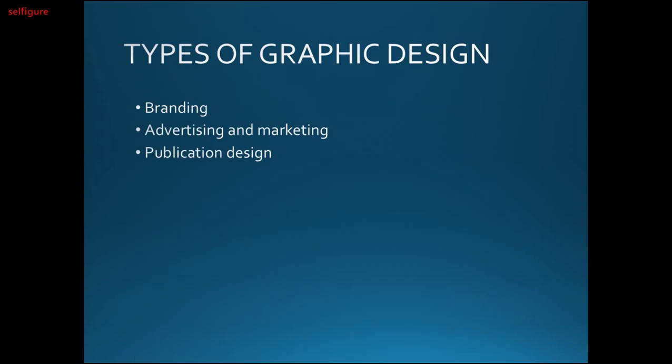We are going to talk about the types of graphic design. These are the types: branding, advertising and marketing, and publication designs. So in branding designs, these are types of design that focus on creating a visual identity. For example, logos.